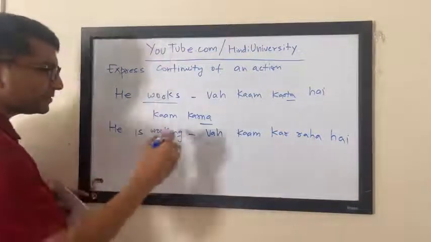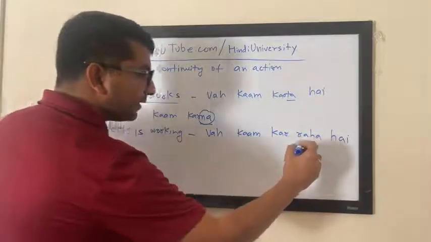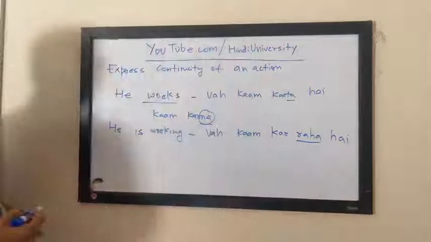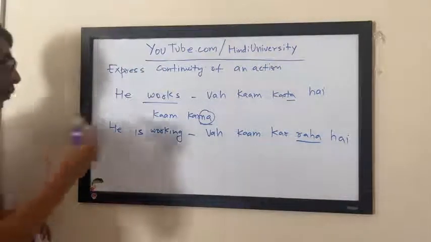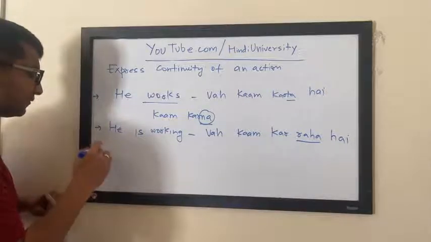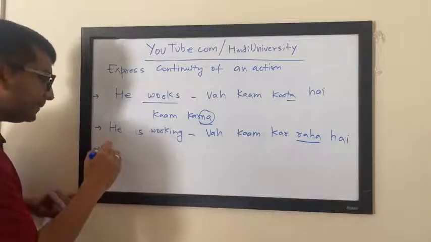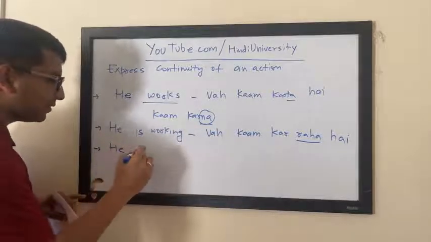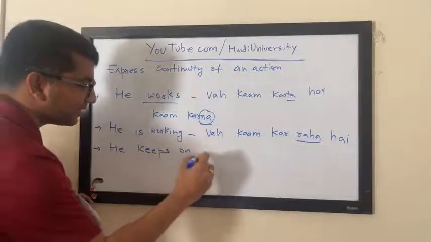Okay, because this is present continuous, you remove the na and you put raha, rahi or rahe based on the pronoun. But what if you have a person or a friend who has a habit of, in English you will say, he keeps on working.